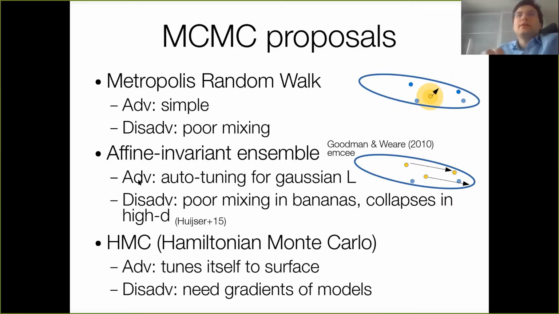This ensemble Goodman-Weare proposal is very good for Gaussian likelihoods, but if you have banana contours that you're trying to explore, or high dimensional problems, then this tends to collapse and not be reliable. For high dimensional parameter spaces, Hamiltonian Monte Carlo is very good, but you need gradients in this case. So you need the derivatives of the likelihood, which is often not available because you can't differentiate the models.